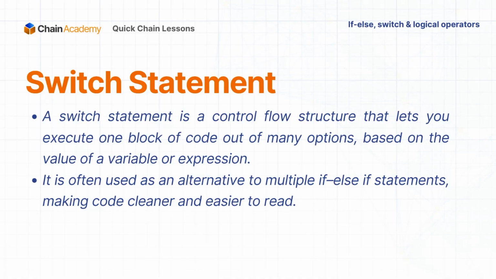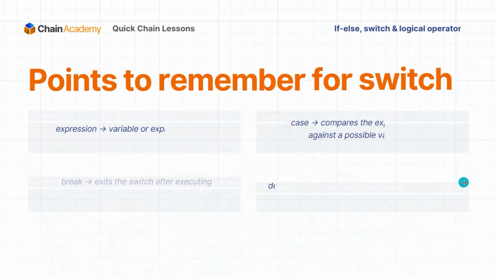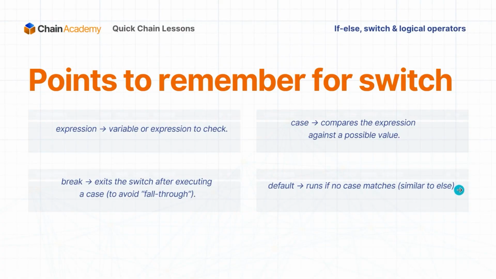Instead of stacking condition one after another, switch lays out all the options in a way that is easier to read and maintain. So whenever you have several possible cases to handle, a switch statement can make your code shorter and more organized. Now, if you're trying to use the switch statement in your code, look at these points to remember.